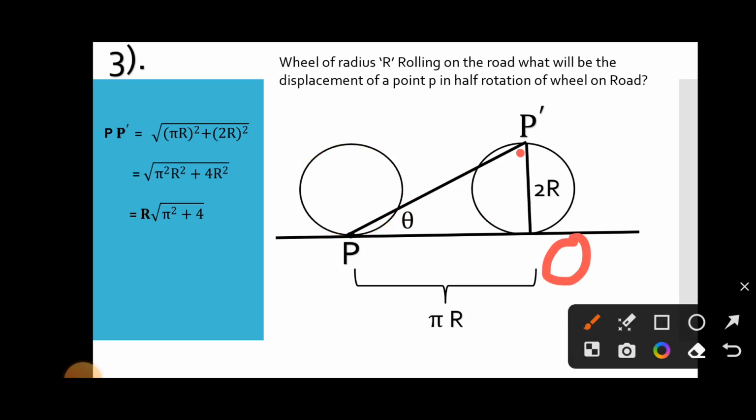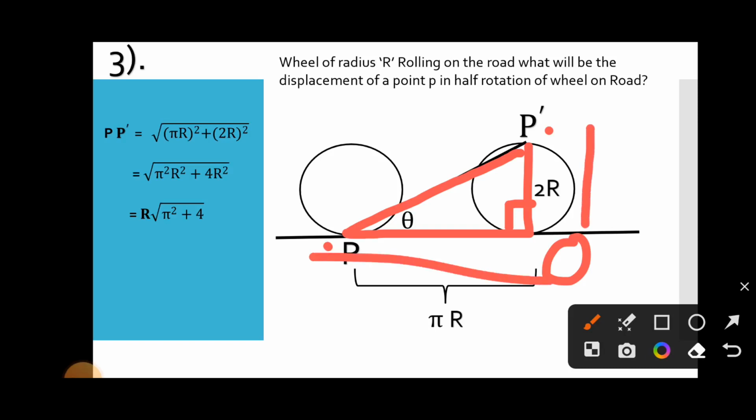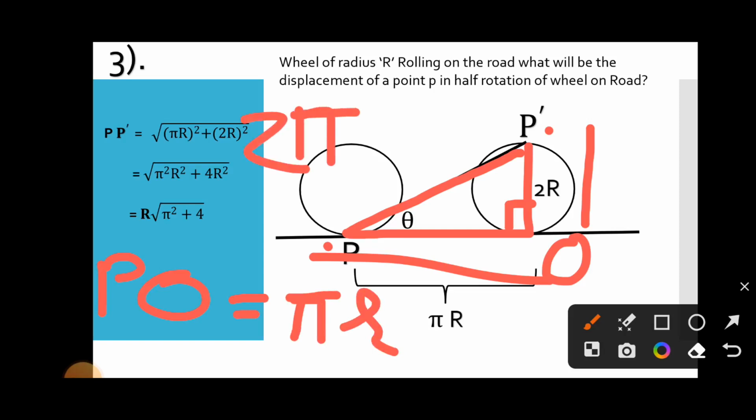Here we consider a triangle. The angle is 90 degrees. Then P dash squared is equal to OP square plus P dash O square. Here P dash O is equal to 2r, which is a diameter, and PO is equal to pi into r, because we move half of the rotation. Therefore 2 pi r by 2 gives pi into r.